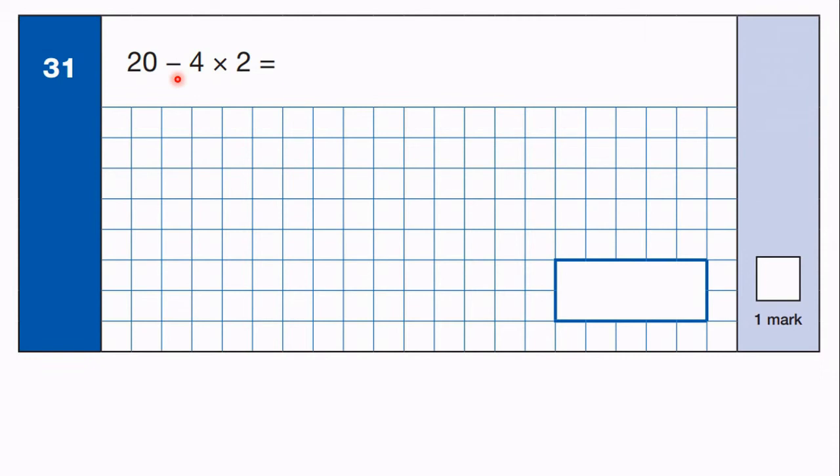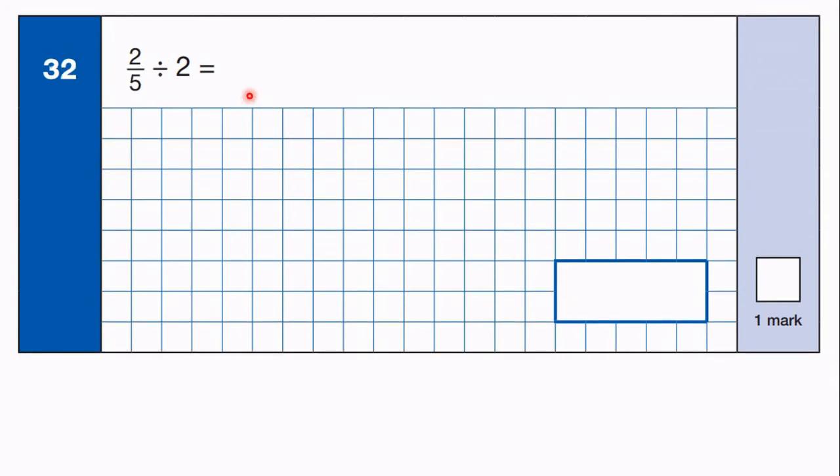The way I remember this is that addition and subtraction are easy, and we leave the easy stuff to the end. So here we need to do the multiplication first. 4 times 2 is 8, so we can rewrite our question as 20 minus 8, which is 12.